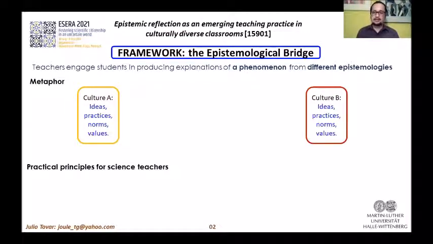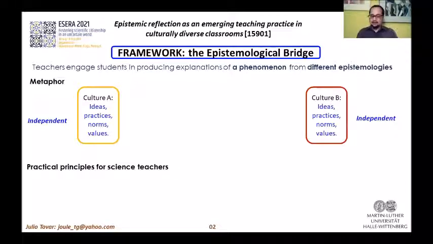They represent two different cultures with two different epistemologies. Those epistemologies consist of ideas, practices, norms, and values. And they are different domains between them. With this, we can say that the cultures and epistemologies are independent between them.